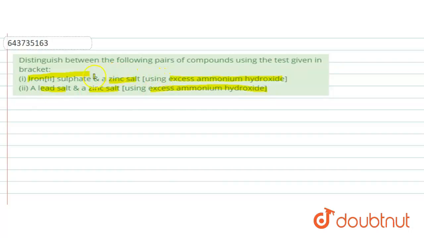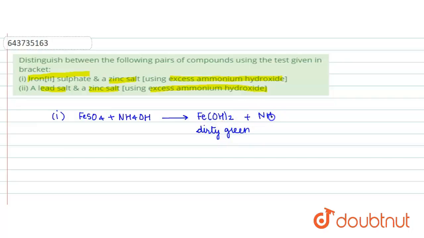So first, let us differentiate between iron (II) sulphate and a zinc salt when ammonium hydroxide is added to both of the compounds. First is iron sulphate. When iron (II) sulphate, that is FeSO4, is treated with NH4OH, it produces a dirty green compound of ferrous hydroxide and (NH4)2SO4.